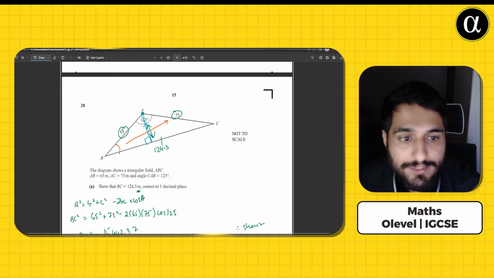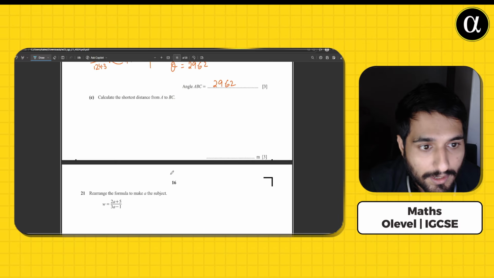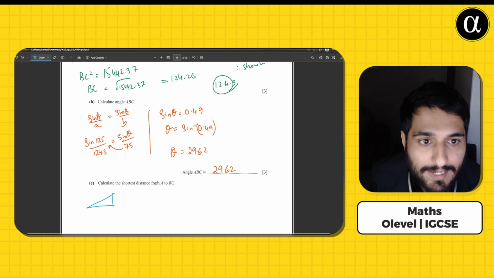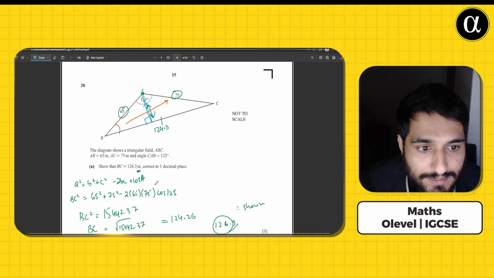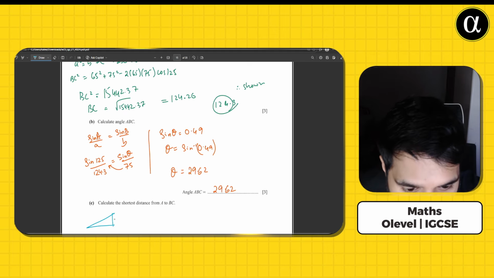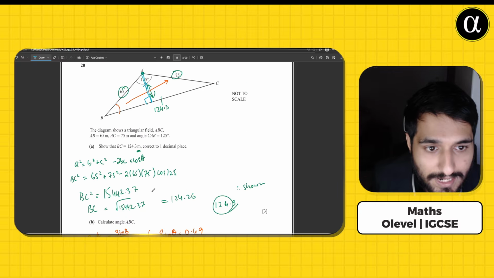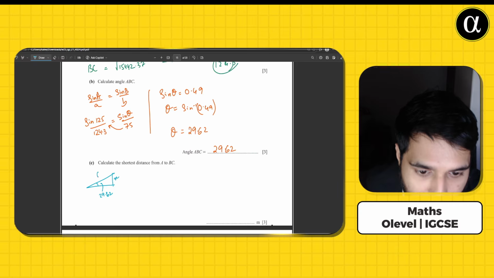We need to calculate this distance, so we will probably be having a look at the triangle on the left hand side, which is going to be like this. We need to calculate A and the midpoint, which means we are supposed to calculate this length, where we know this angle to be 29.62, and we have this hypotenuse as 65.